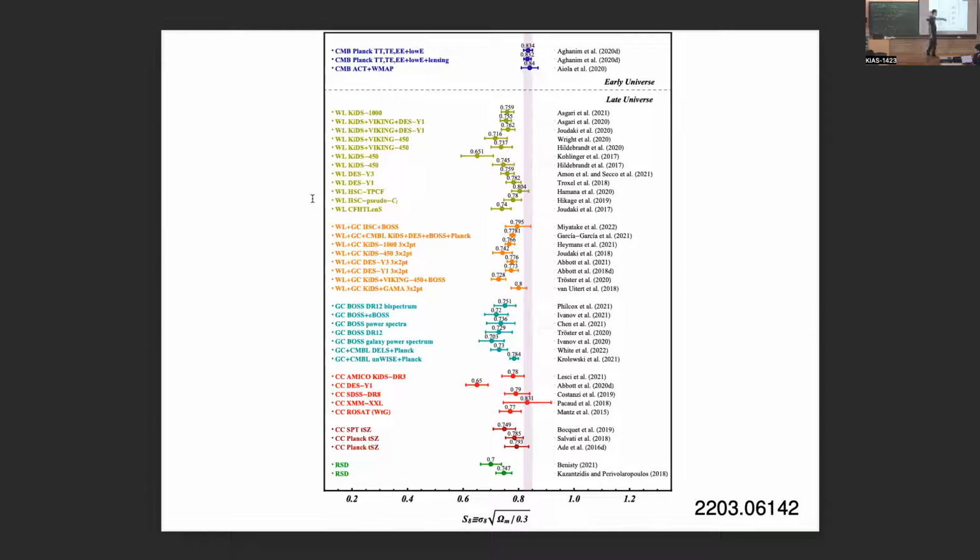Again, there's a bit of scatter, and not everybody disagrees, but they're all on the low side. To be fair, the most recent measurement by DES, the Dark Energy Survey, is actually higher and could be compatible with Planck.